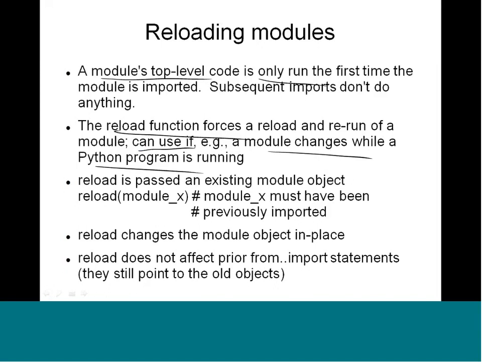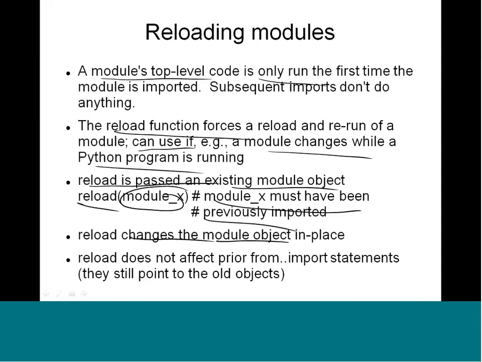So if you change the variable and you have to re-import the module, at that point you can use reload. Reload is passed an existing module object, for example reload module X, and module X must have been previously imported. So you cannot do an import with a reload command.